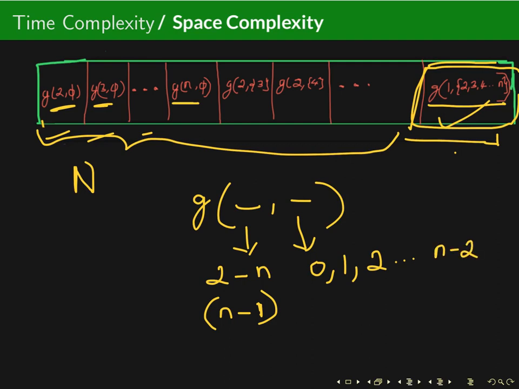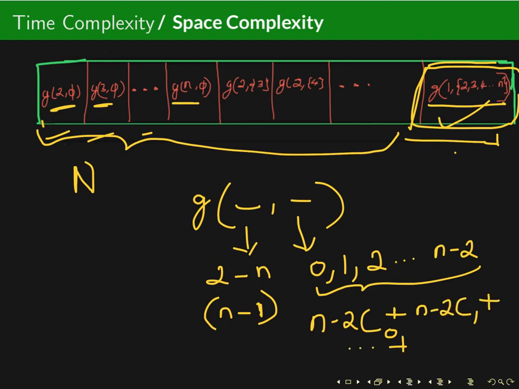And we know that always we are not considering that our subset will contain 1 and i. So the total number of possible values is going to be n minus 2. So this sum can be written as n minus 2 C 0 plus n minus 2 C 1 plus etc. plus n minus 2 C n minus 2.